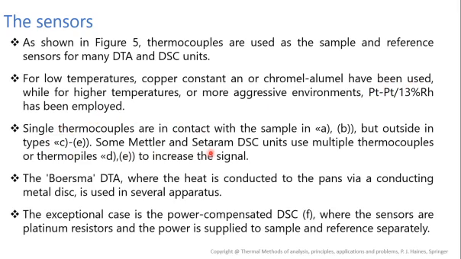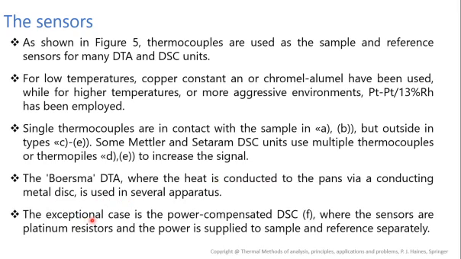Single thermocouples are in contact with the sample in A and B, but outside in types C and E. Some Mettler Setaram DSC units use multiple thermocouples or thermopiles, D and E, to increase the signal. The Bersema DTA, where the heat is conducted to the pans via a conducting metal disc, is used in several kinds of apparatus.